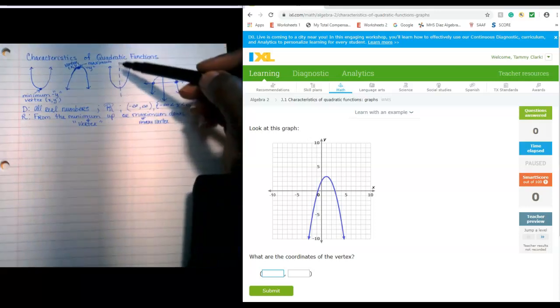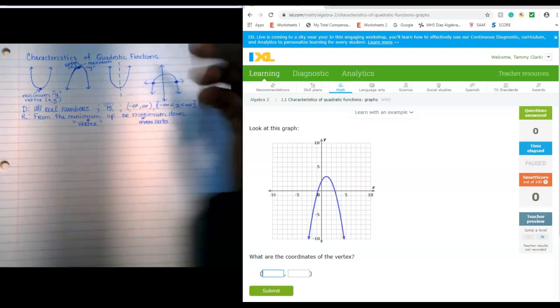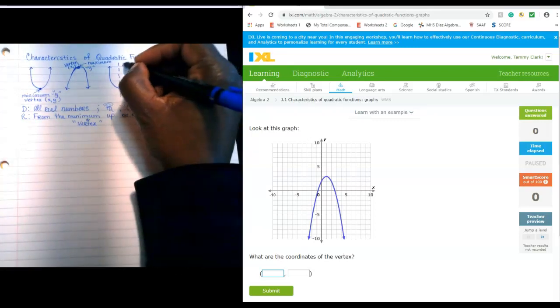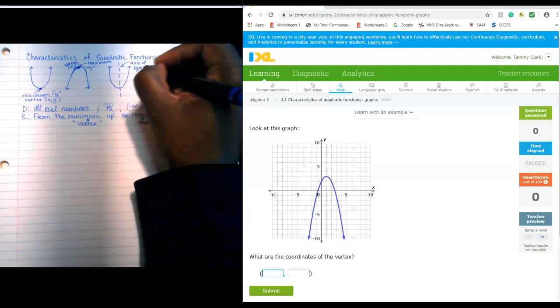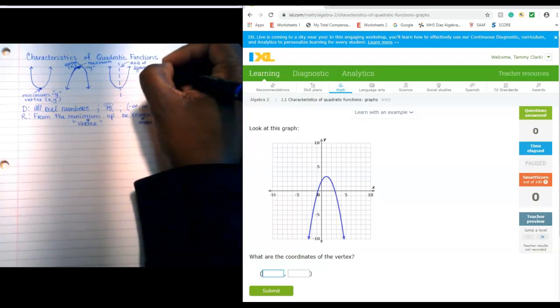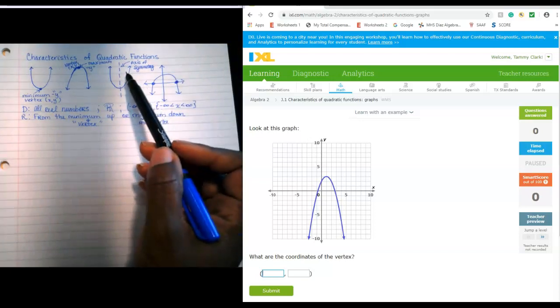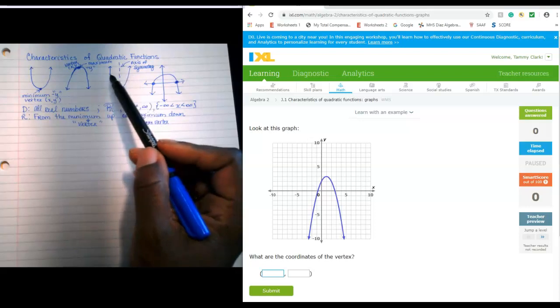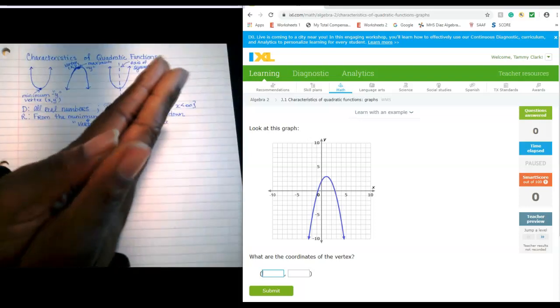Now here I have a dotted line that's splitting my quadratic function in half. We call this the axis of symmetry. Now symmetry, for you artists, you already know what I'm going to say. Symmetry just means that I have a reflection of something on one side or the other. So like if you take your hands, put them together, right?